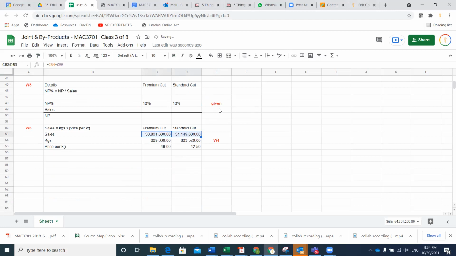Now we know sales. Because we know sales, we can work out net profit, because net profit is 10% of sales. So now we can work backwards.